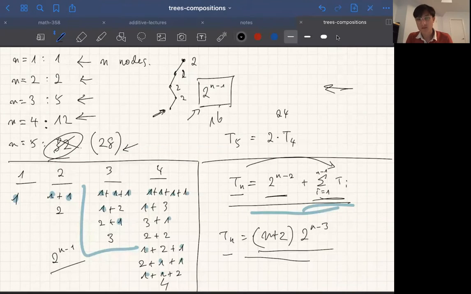Tn is defined in terms of the smaller Ti, and of course there has to be a base case, so T1 equals 1. If indeed they have the same counts, which they really seem to, then it could be useful to see why this might be true.